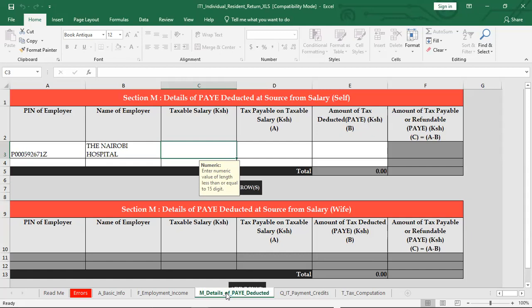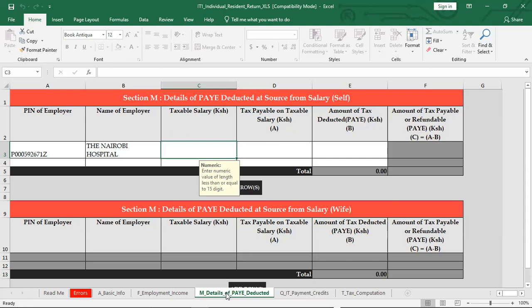For example, NSSF, NHIF is not taxable. So you cannot tax all of those. Insurances, any deduction to insurances, any deduction to pension schemes, they are not supposed to be taxed. So once you have the taxable salary, you should less all the untaxable items.